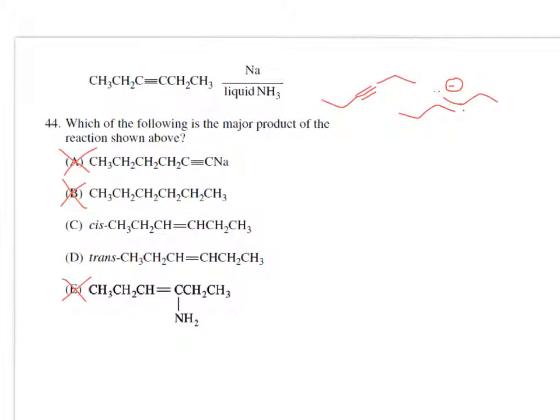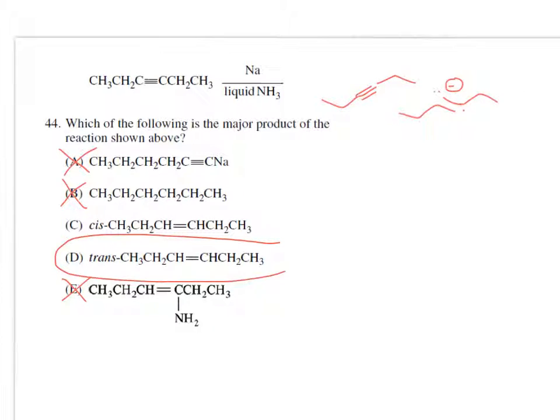We have a negative charge with a lone pair, and then we have a radical down on the other side. So we've essentially split apart the alkyne. We've created a negative charge with a lone pair. And so I've drawn this in a trans fashion. That's because the electrons desire to be as far apart as they can from each other. And that's going to be the trans instead of the cis. And so that leads to the trans product being formed in this case.